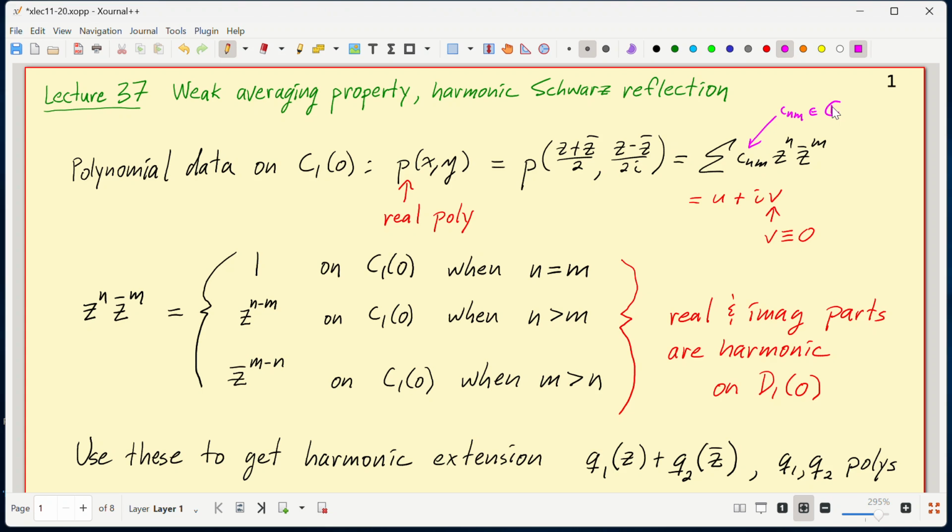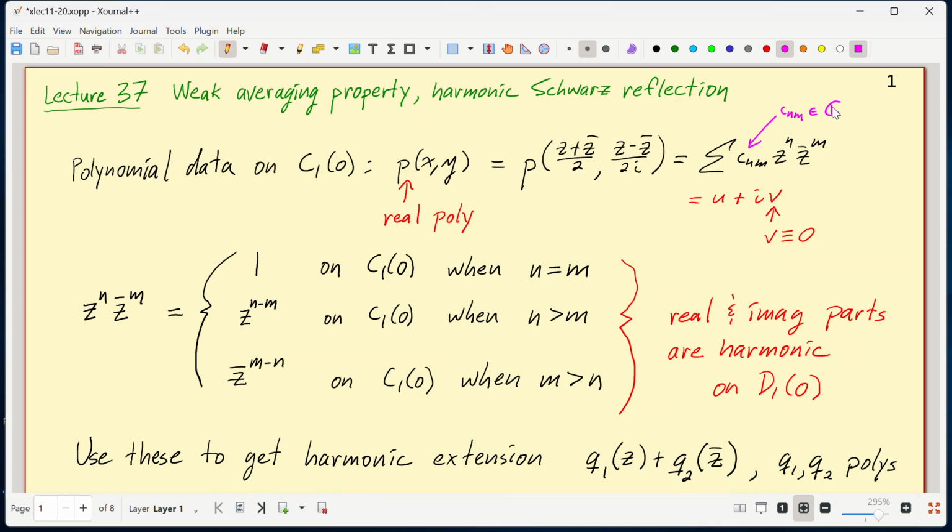And so you can extend those harmonically, and you realize, oh, I've got this real polynomial, p of x, y, and it's equal to the real part of something. When I add those all up and put the coefficients in there, I get two polynomials. I'll put the constant thing in with the z terms and get a q1 of z, and then the other terms would be z bar terms. That'd be a q2 of z. That's a polynomial. They'd have complex coefficients.